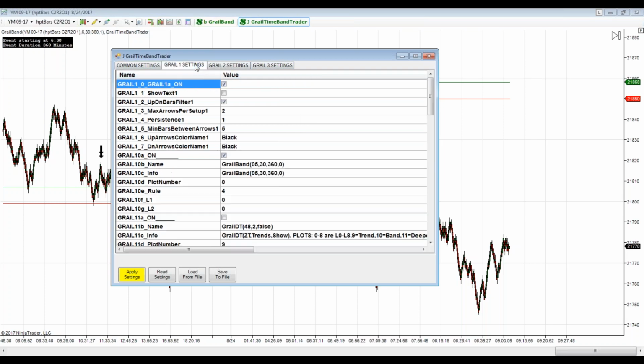But the first thing that you need to do is you need to come in here and synchronize your time on each one of these. I wanted, in this case, 6:30, so I'm going to put the 6 in here. You don't really need to put it in the bottom one, but I like to do it anyway. In other words, the second one just to sync it up. I'm going to go to Grail 2.